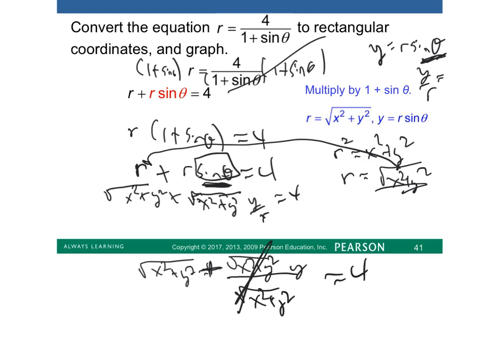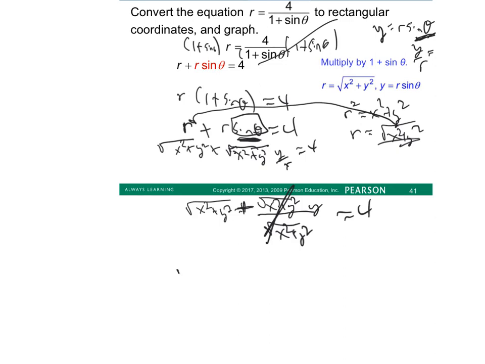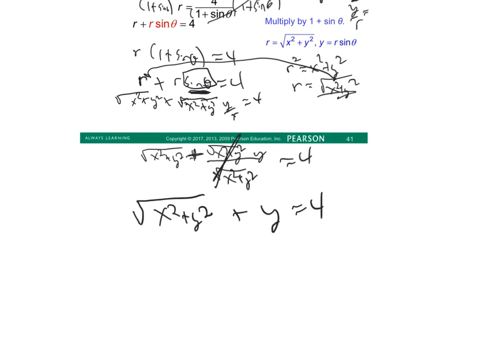That cancels. So now look what you have. We have square root of x squared plus y squared plus y equals 4. If I solve that for y, y equals 4 minus the square root of x squared plus y squared. Now that doesn't look pretty.